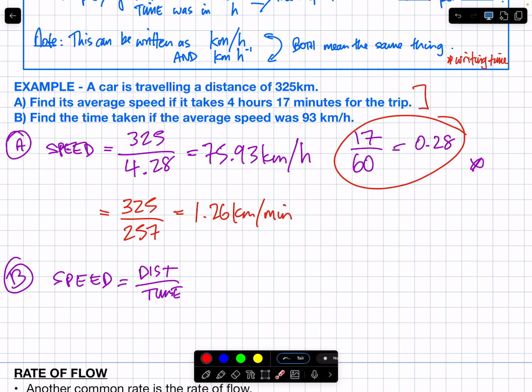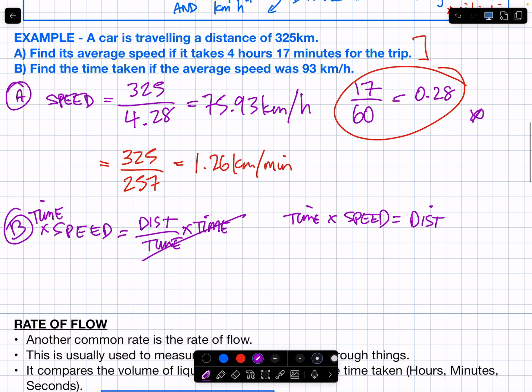It's not. I need to rearrange it. What's the opposite of dividing something by time? Multiply both sides by time. What's going to happen to the times on the other side? They cancel out. So my equation now is time times speed equals distance.